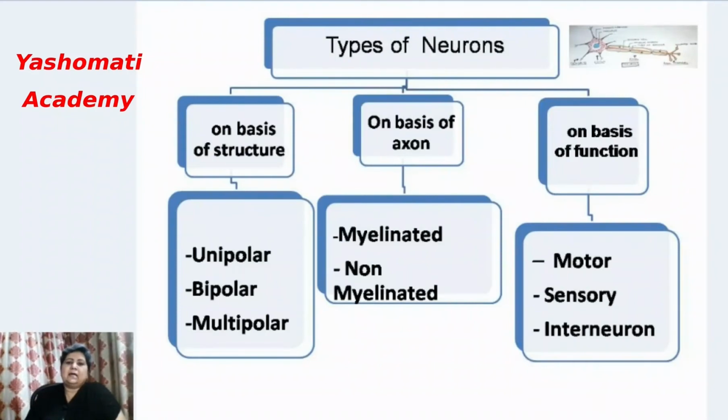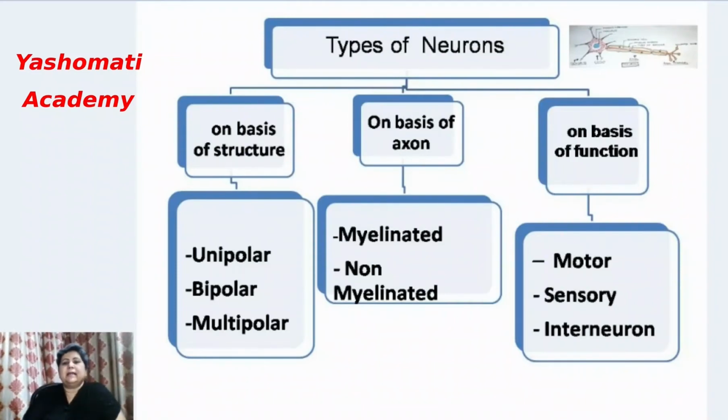In today's class, we will try to understand how different types of neuron, though they have the same basic structure, that is cyton, axon and dendrite, are different from each other and how they are adapted to perform different functions depending upon the location where they are present.